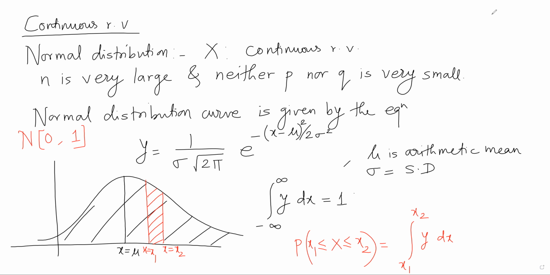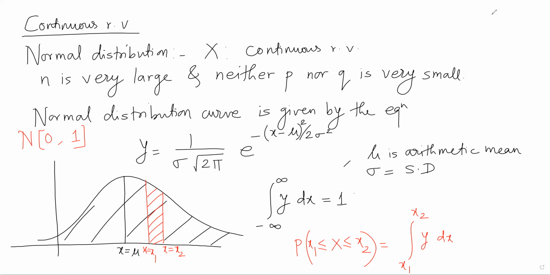The normal distribution is a limiting case of the binomial distribution where n is tending to infinity and neither p nor q is very small. Being a probability distribution.